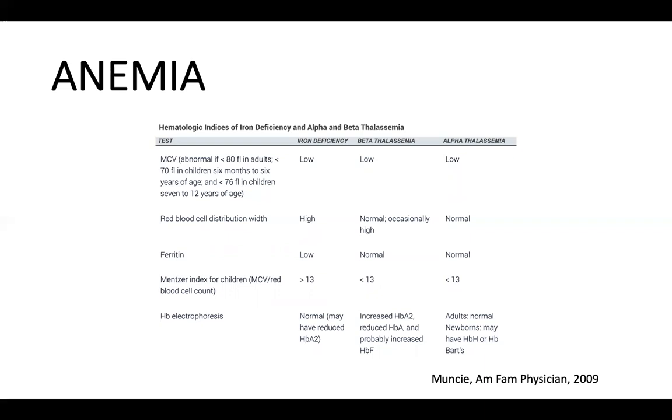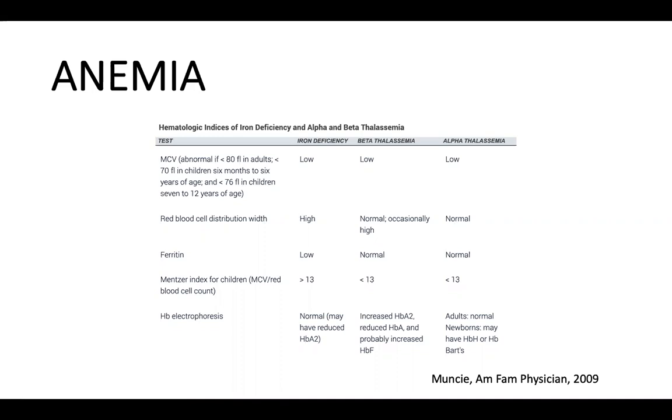The red blood cell distribution width, the RDW reported on our CBC, is usually high in iron deficient anemia and is usually normal in beta thal and alpha thal.